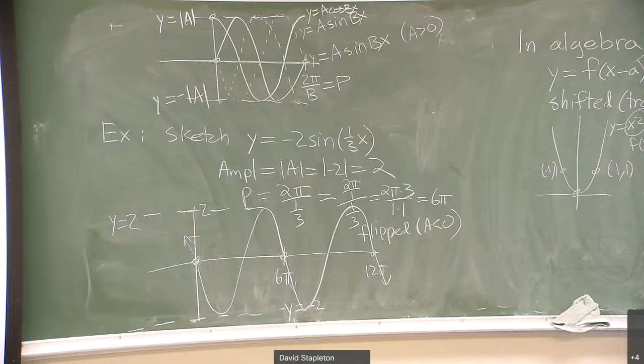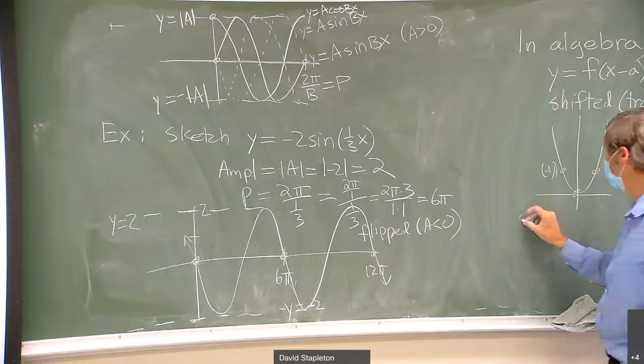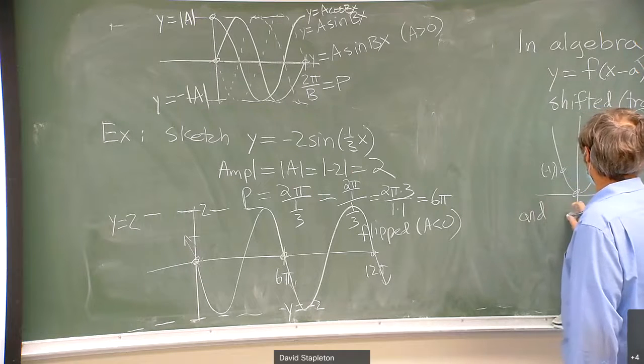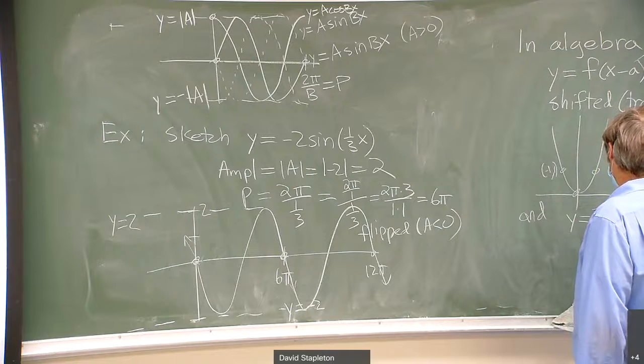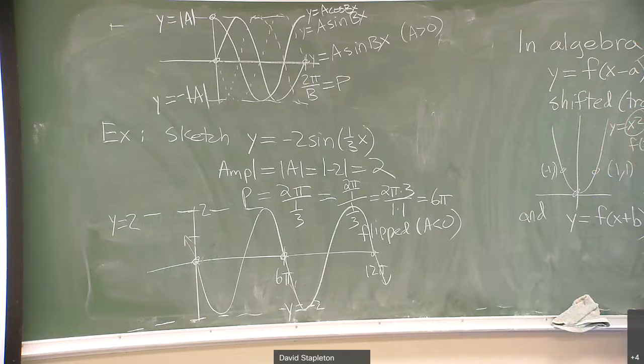That's a horizontal translation in x by a units. If you replace x by x minus a, it just moves the parabola over a units. That's true for any function, no matter what function it is. And if you take y equals f of x plus b, what does that do to your original graph?